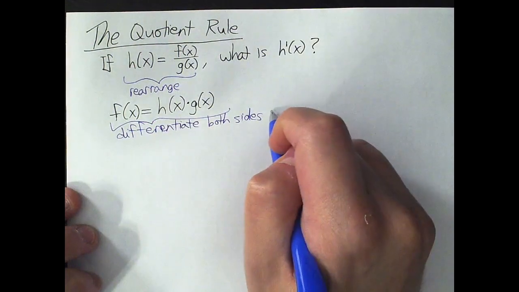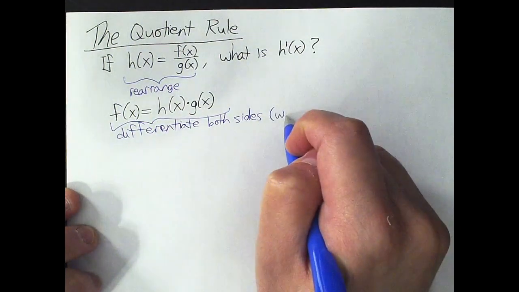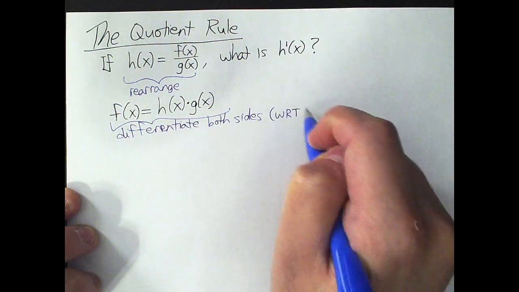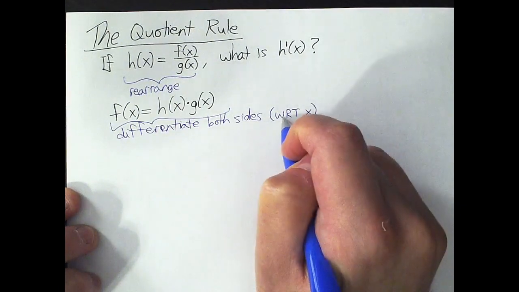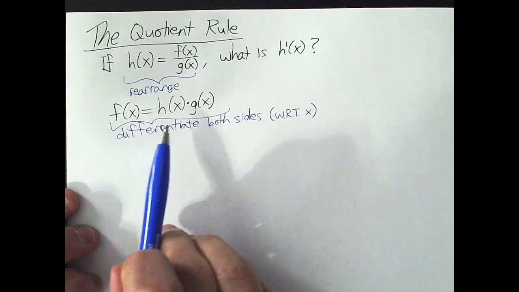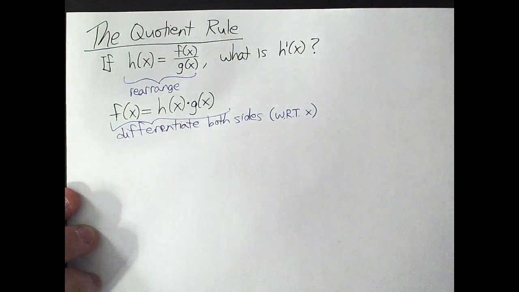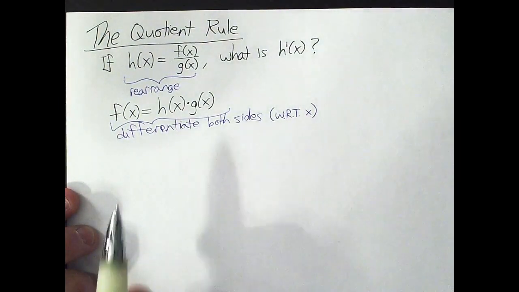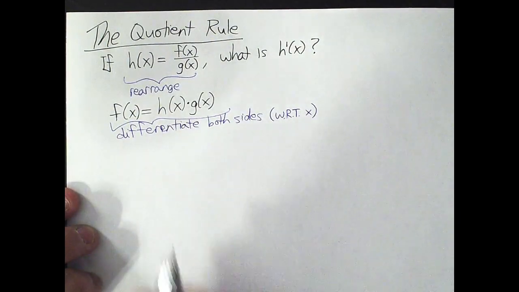I'm going to say in parentheses, with respect to x. Sometimes we say that in math. To be clear, I'm going to differentiate both sides with respect to x. In other words, I'm going to do d dx of both sides.